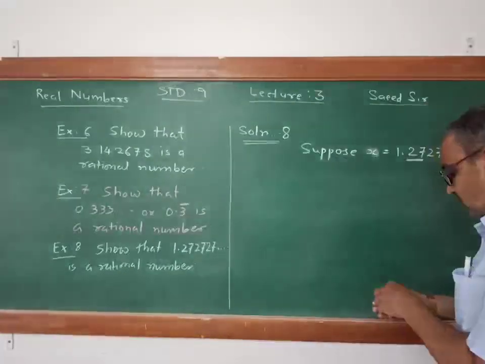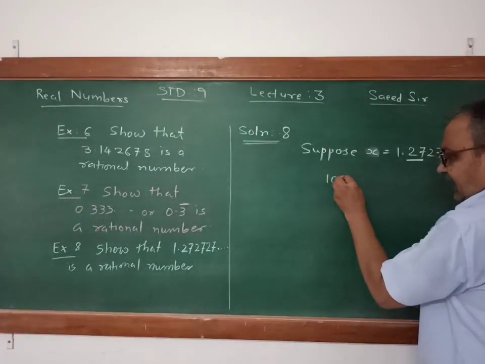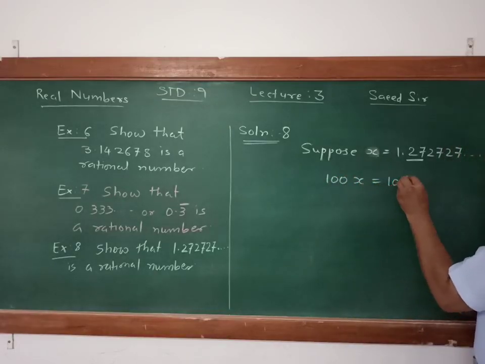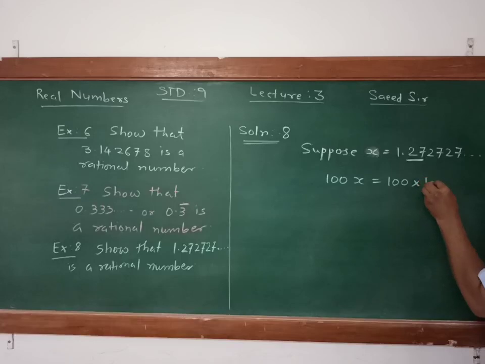So I can write 100x is equal to 100 into 1.272727... endlessly.